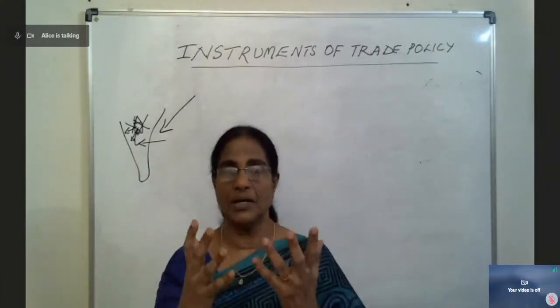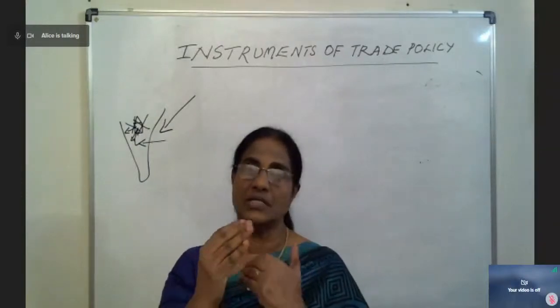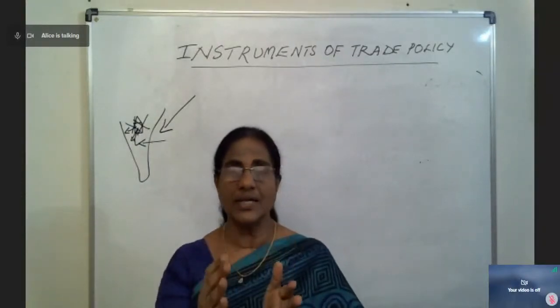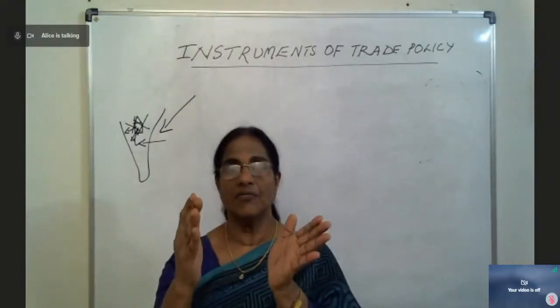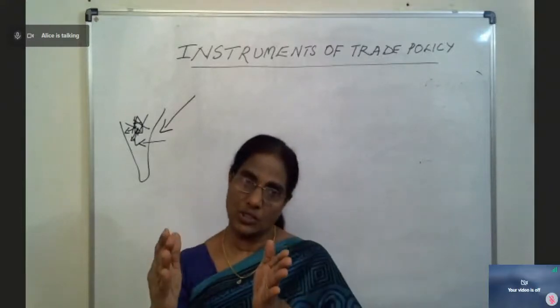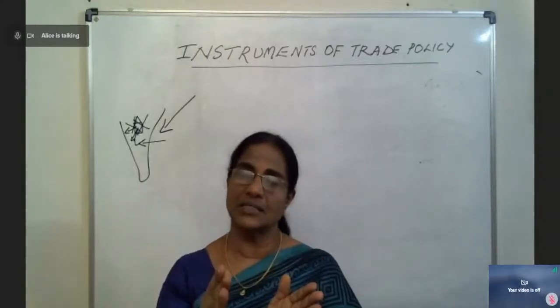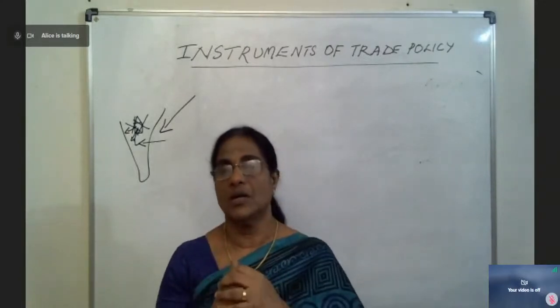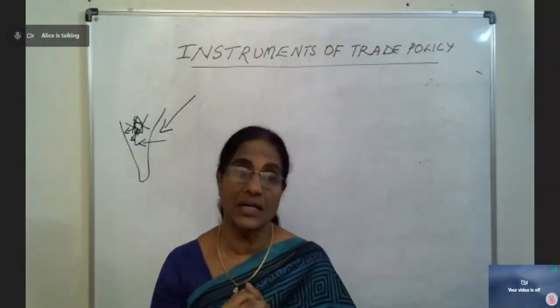And they promulgate or proclaim trade policy maybe for 5 years, sometimes shorter duration. And the latest trade policy came years back, that is for 5 years from 2015 to 2020. Now that the period of the last trade policy is over, but we could not frame a new trade policy because of our COVID pandemic.